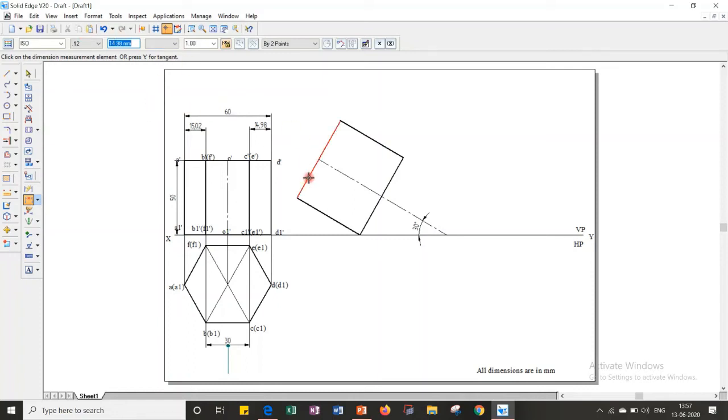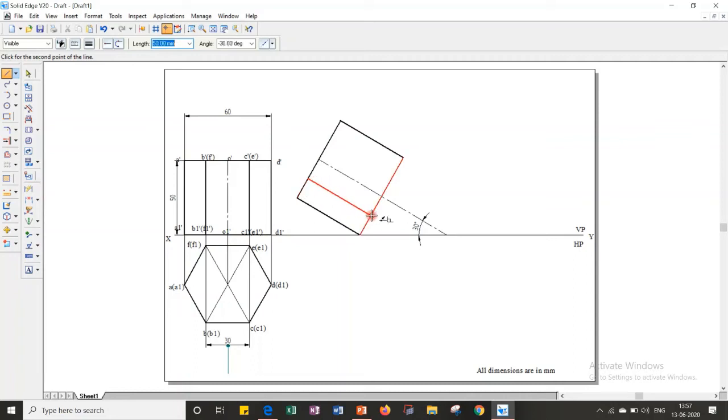So I will locate 2 more points here. So this is point B and F. This will be B1 and F1. This is point C and E. And this is point C1 and E1.